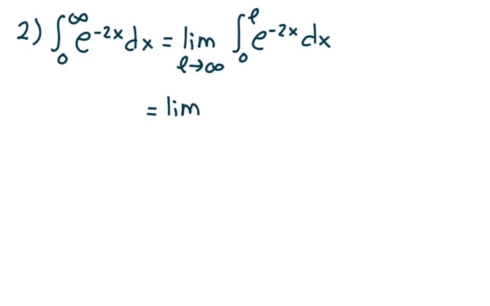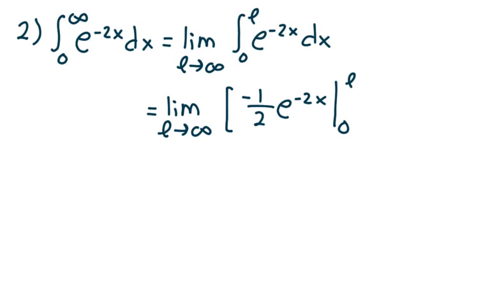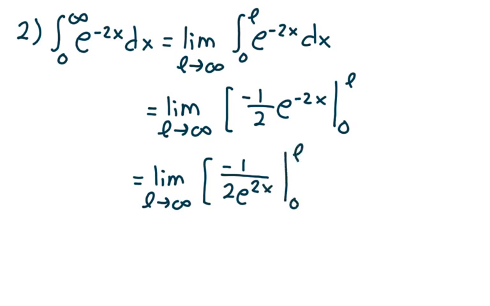So this is the limit as L goes to infinity of, so I'm going to get negative 1/2 e to the negative 2x evaluated from 0 to L. Okay. And so this is the limit as L goes to infinity of negative 1 over 2e to the 2x evaluated from 0 to L.